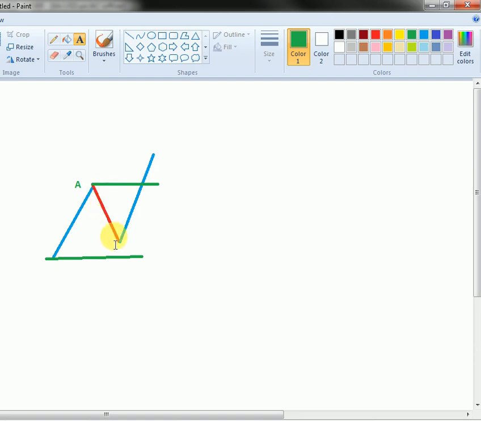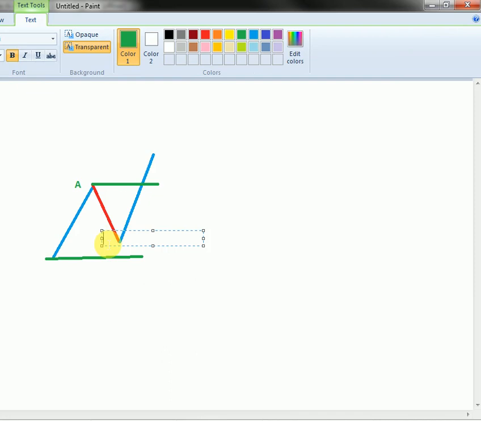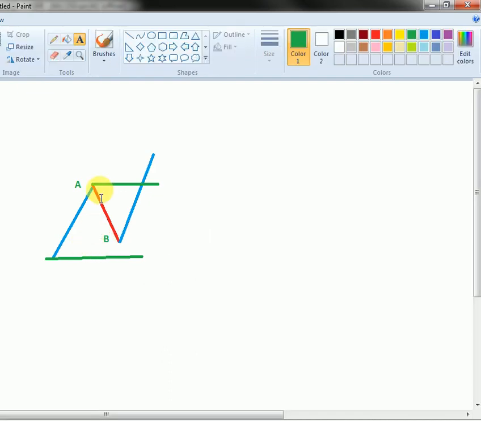If this pullback breaks this low, it's not valid. The pullback I call B. Then the price moving up back and lastly breaks the previous high, or breaks A.